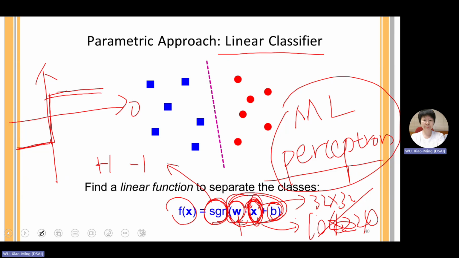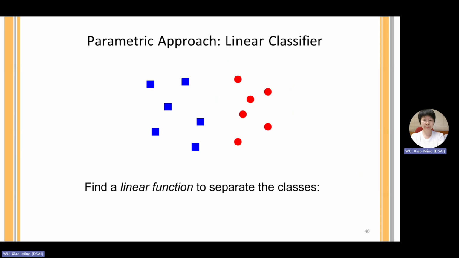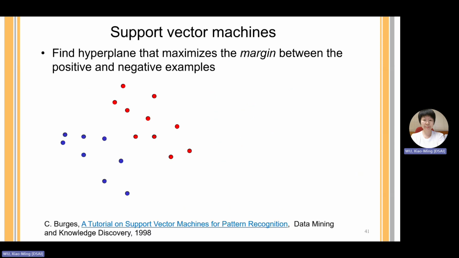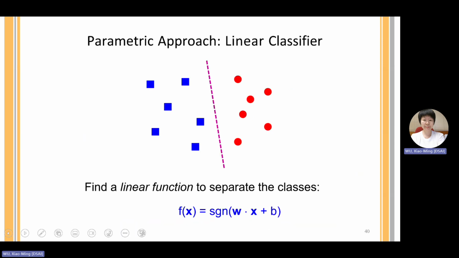So X could be a high dimensional vector when it represents an image, and correspondingly W will also be 1024 dimensional, because this is an inner product.